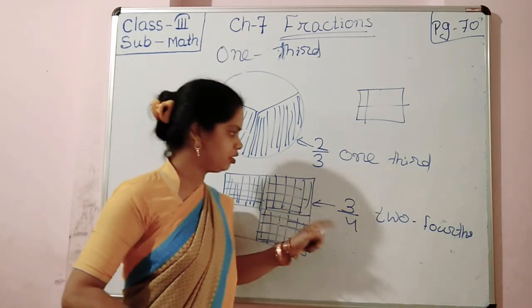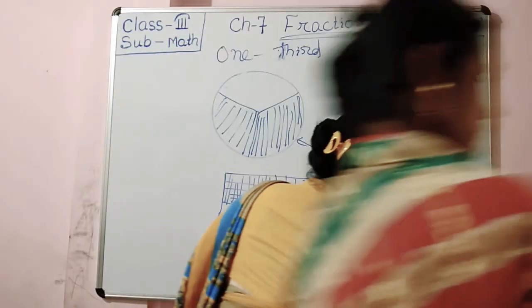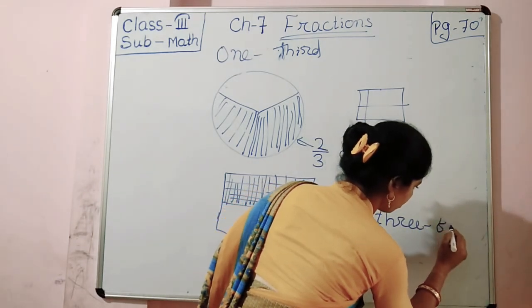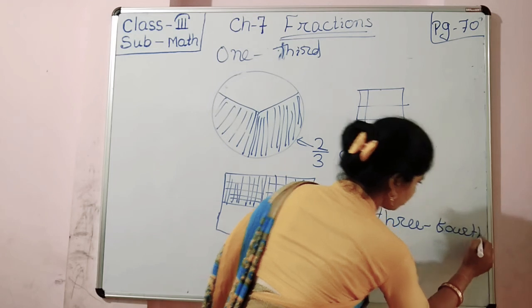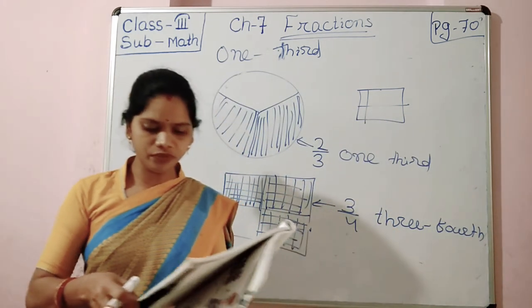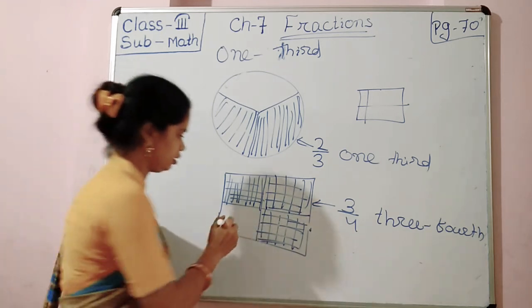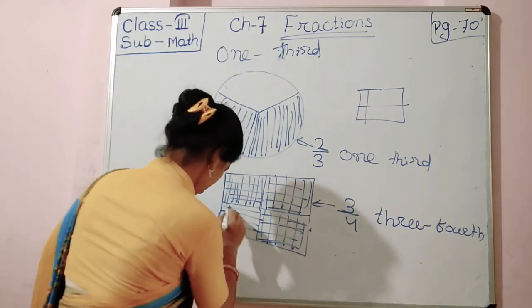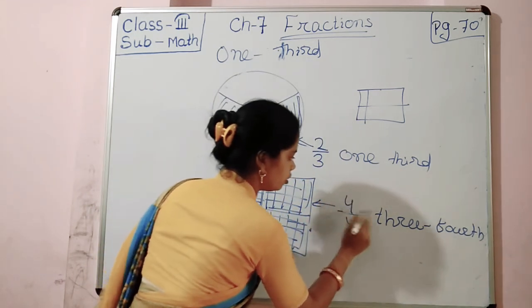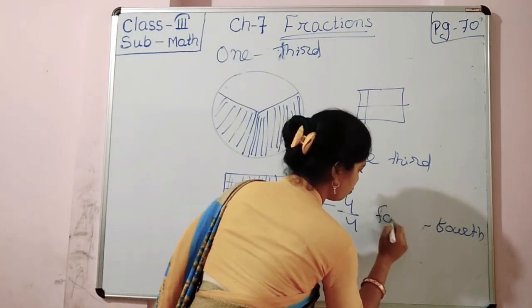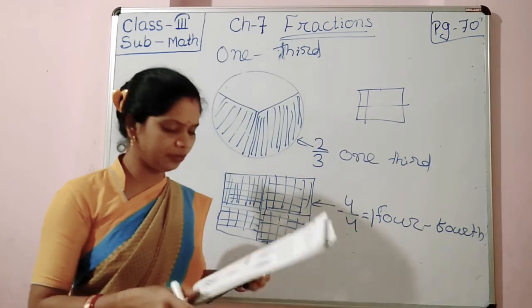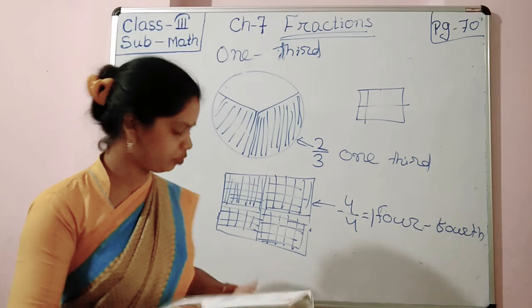It is called 3/4, three fourths. All understood? When we take all the parts, we call it 4/4. 4/4 is equal to 1, one whole.